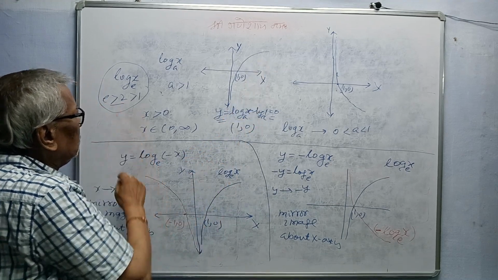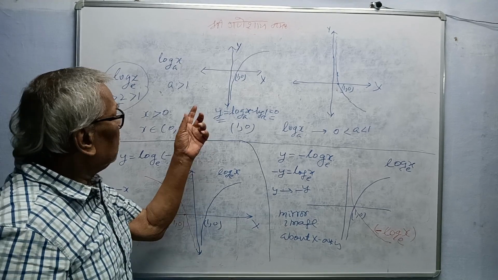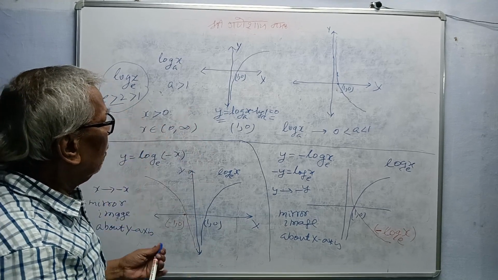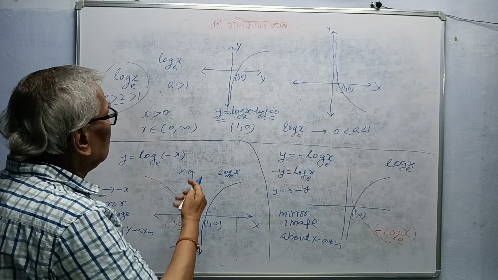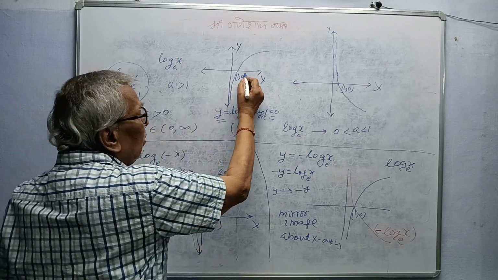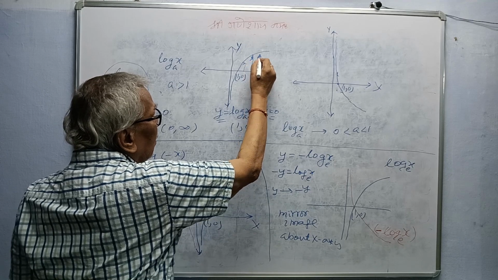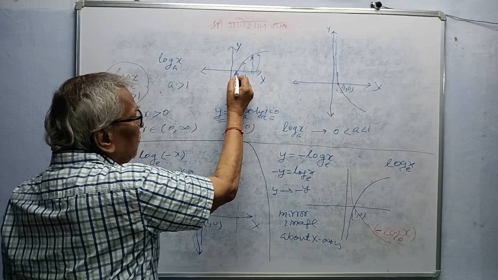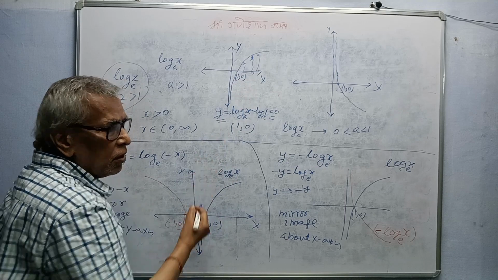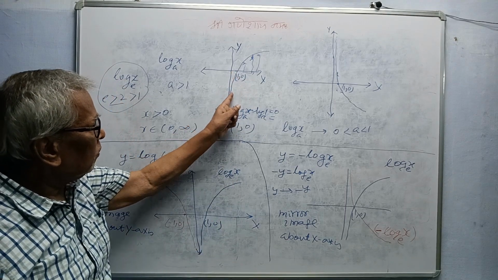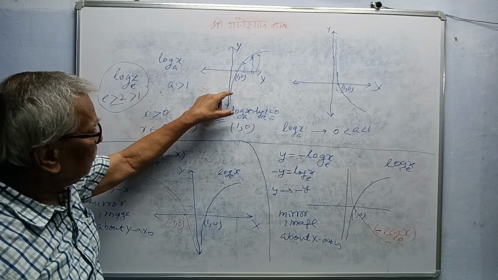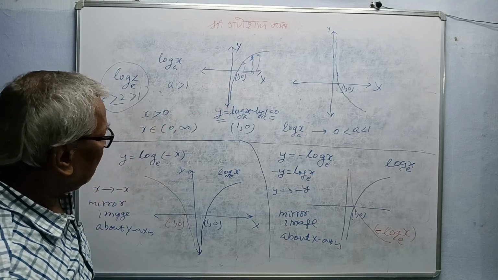Because e is greater than 2. Just imagine e as 2. So 2 to the power x is increasing: as x increases, y increases. When x decreases, y also decreases, because of negative values, so it is decreasing.